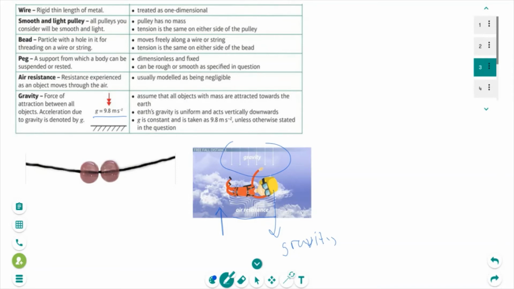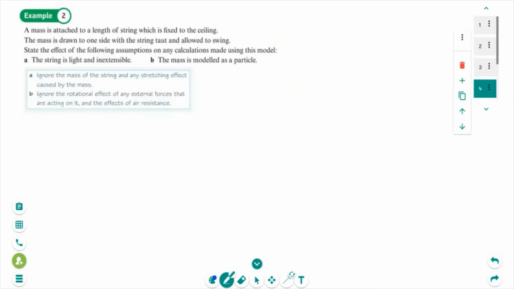So there's one example I can talk about. This is about a piece of string attached to a ceiling. Okay, I'll try to draw a diagram. So this is the ceiling. You have a piece of string, there's a mass attached, and the mass is drawn to one side.